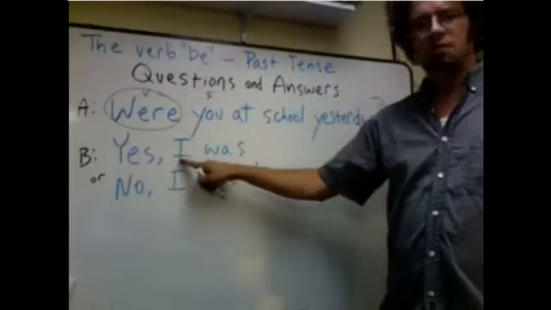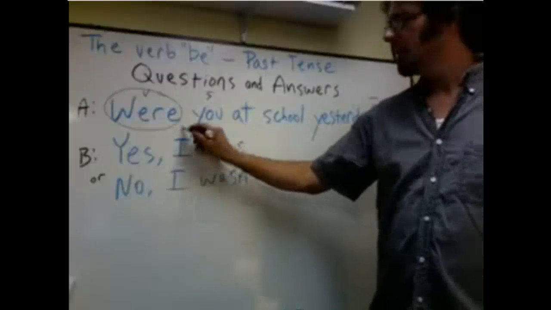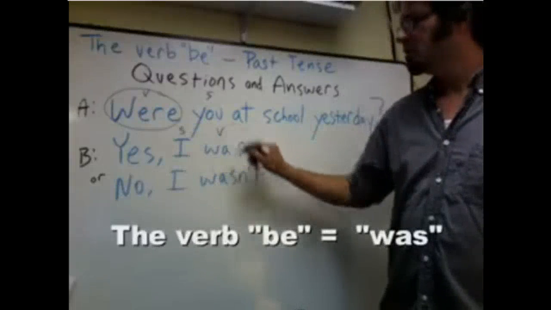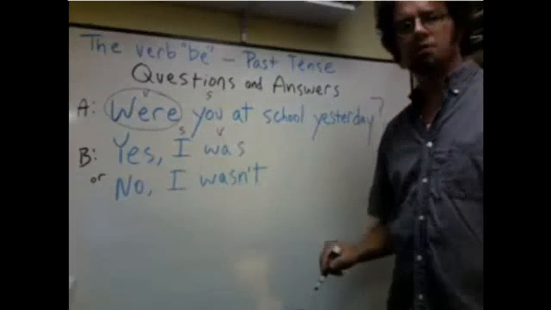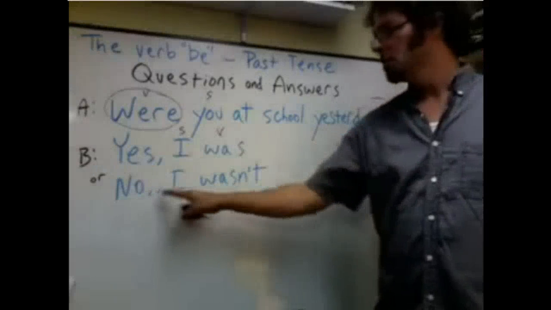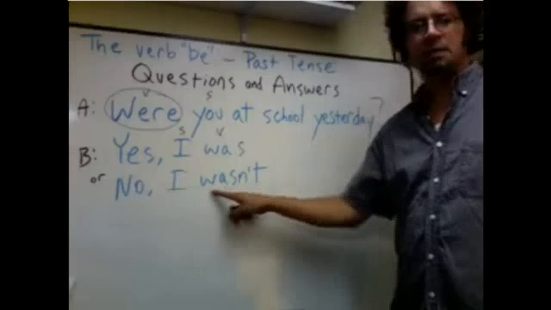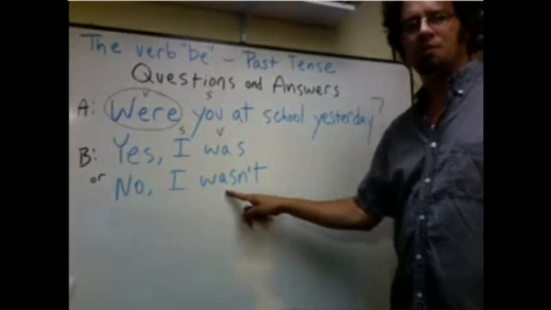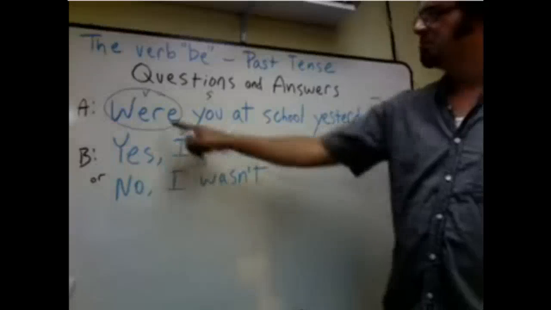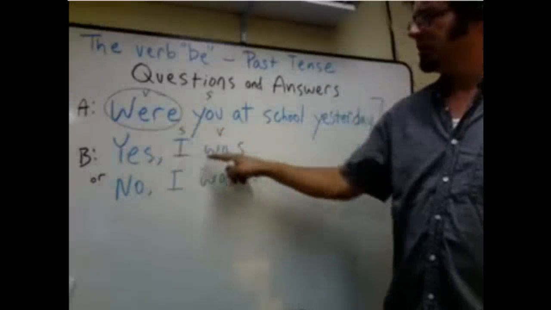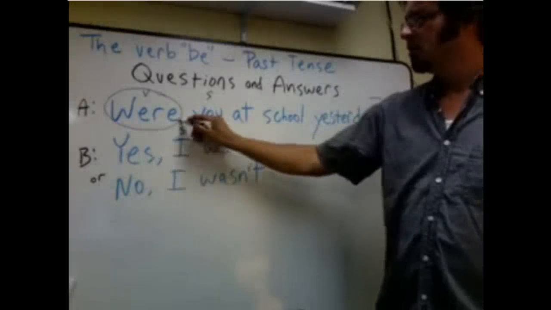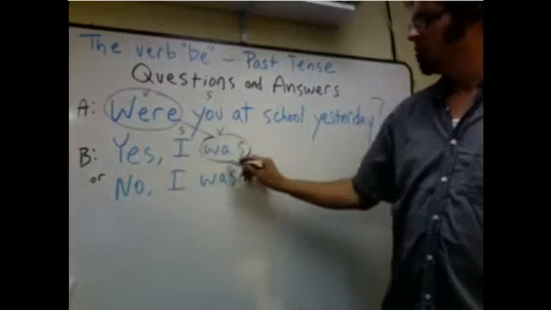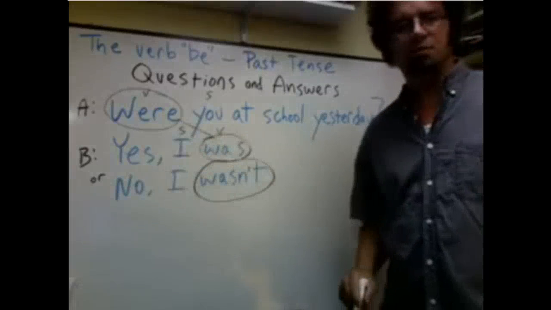Yes, subject, I, and the verb be, was. Or no, subject I, negative, wasn't. Notice that the verb be changes depending on the subject. Were, was, or wasn't.